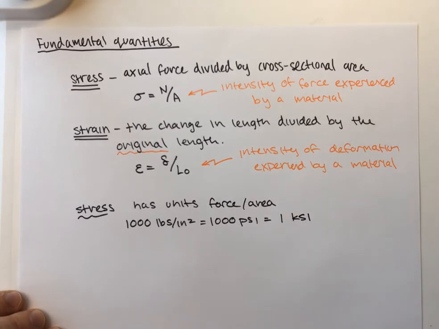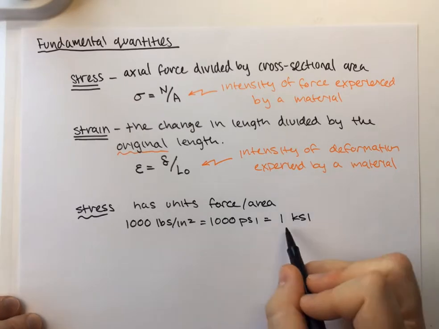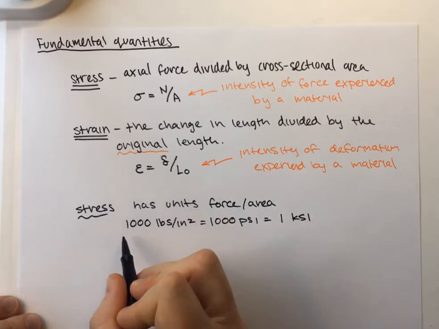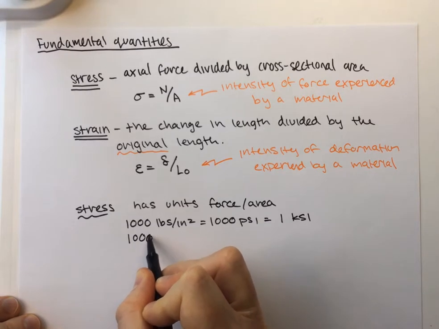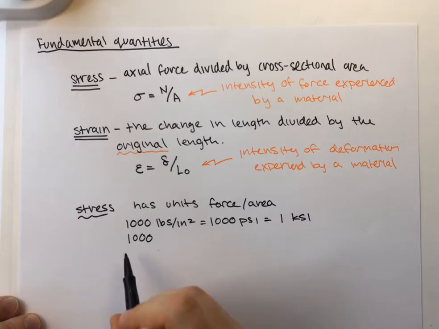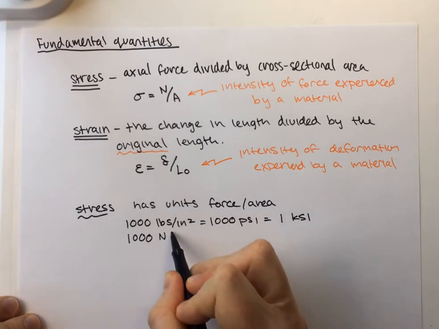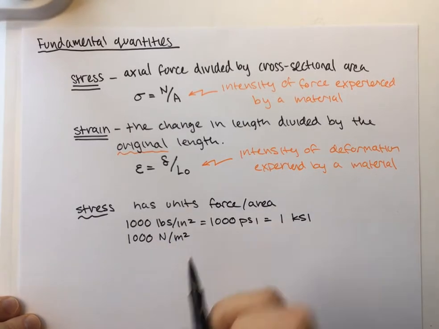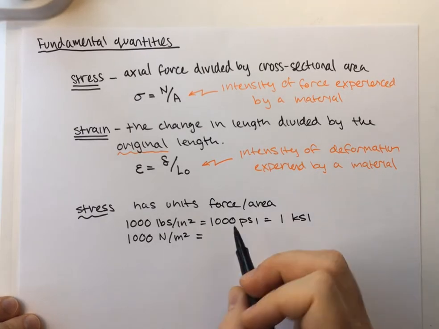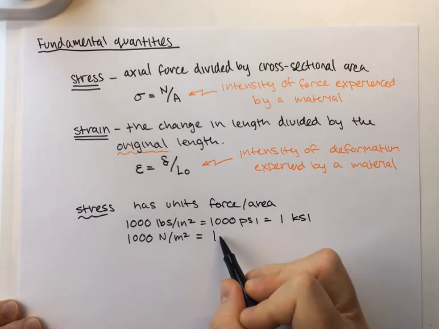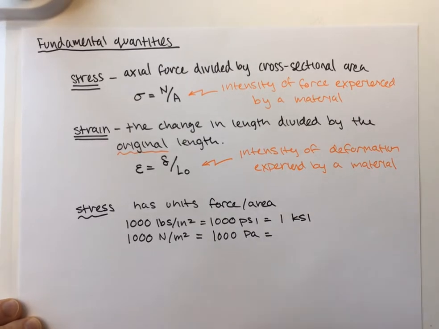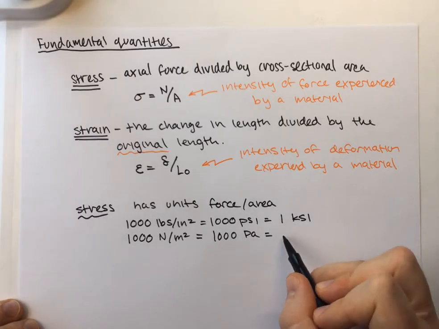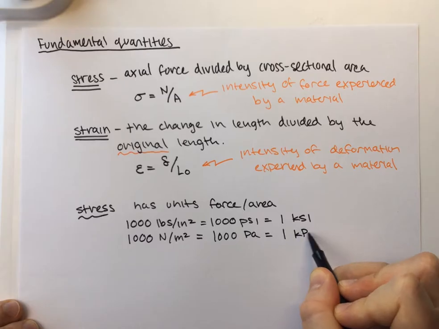So 1 kilo psi. And that unit you'll see in some of the homeworks. So in the metric system, used everywhere else, we might use newtons per meter squared. So 1,000 newtons per meter squared, and that would be equal to 1,000 pascals. And you can use all of the prefixes in the metric system. So now we go up, that would be 1 kilopascal.